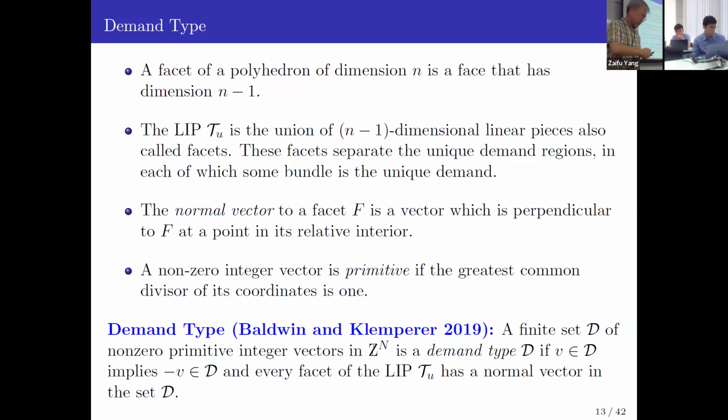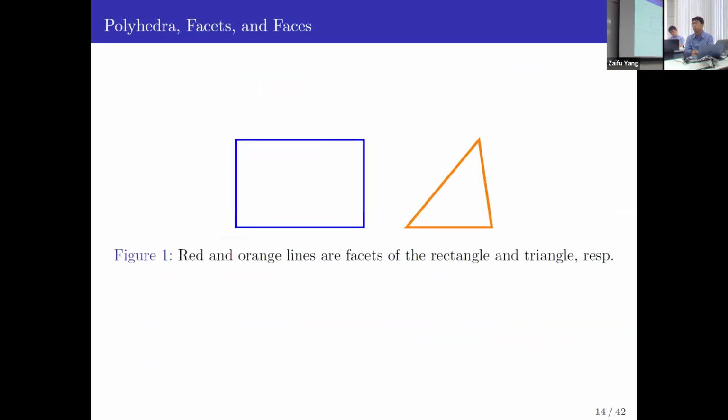So now we can introduce a very important concept, the Baldwin-Klemperer demand type. A finite set D of non-zero primitive integer vectors is a demand type if, when v is in the set, then minus v is also in the set. One more important condition is that every facet of the LIP should have a normal vector in the set D. This appears abstract, so I can immediately give you a picture to explain.